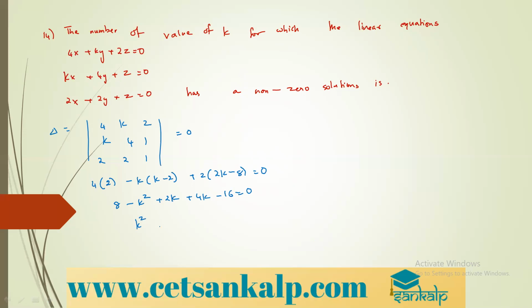Or k square minus 6k plus 8 equal to 0. So I can factorize it as (k minus 2) into (k minus 4) equal to 0, or k is 2, 4. For k, we are having 2 values. That would be the answer.